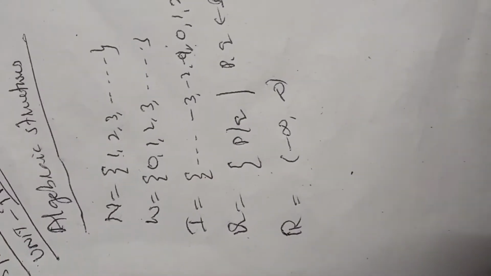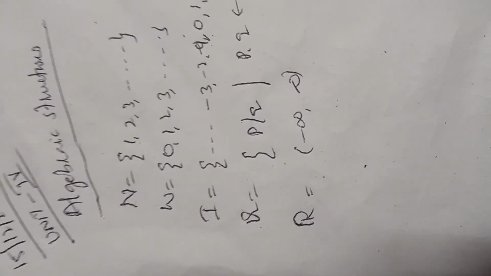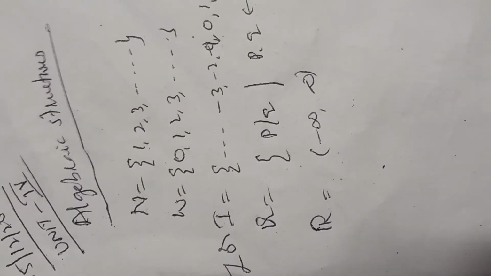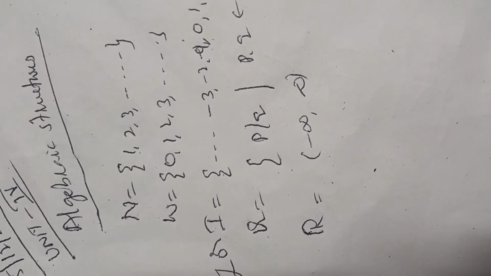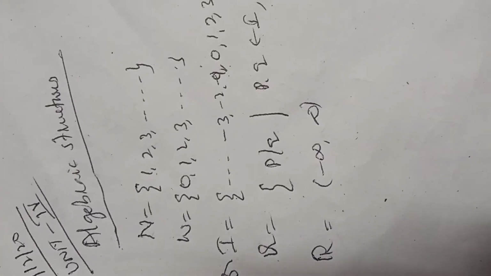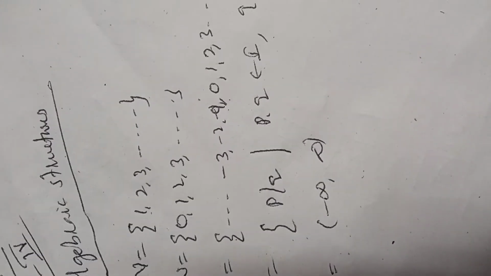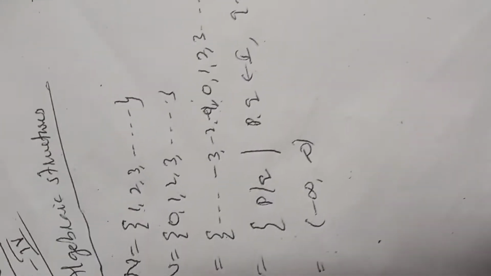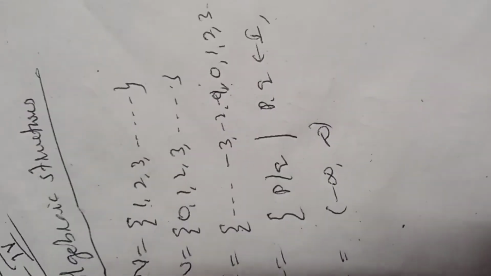The first one is the set of natural numbers, the second is the set of whole numbers, and the third is the set of integers, denoted by I or Z. Next, rational numbers are in the form of p by q, where p and q are integers and q is not equal to 0, and real numbers mean minus infinity to plus infinity, the collection of all rationals and irrationals, right?